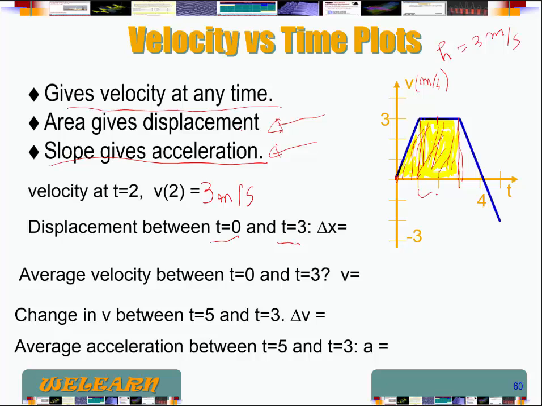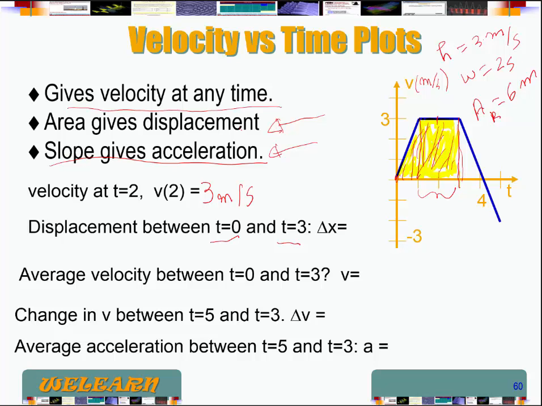And the width is 2 seconds. So height times width, or length times width, is the area there. So area 1, let's call it, or area sub r for rectangle, 3 meters per second times 2 seconds, so that would be 6 meters.